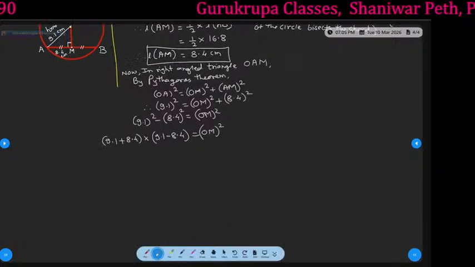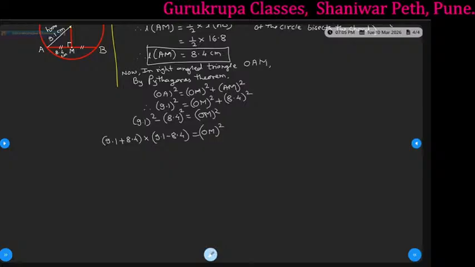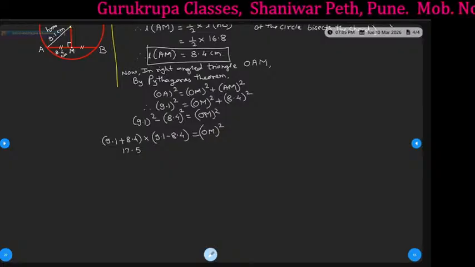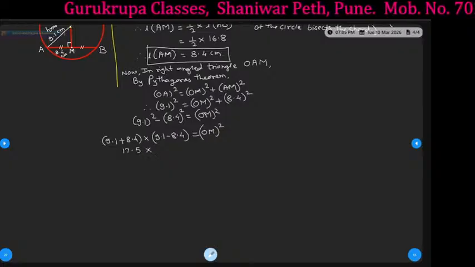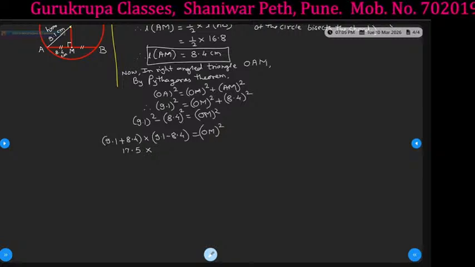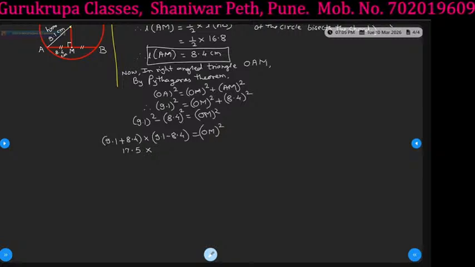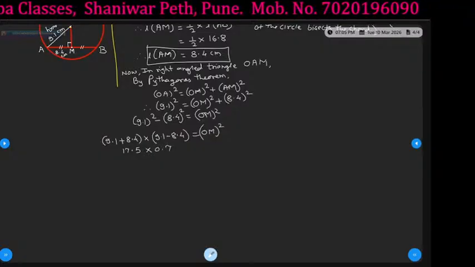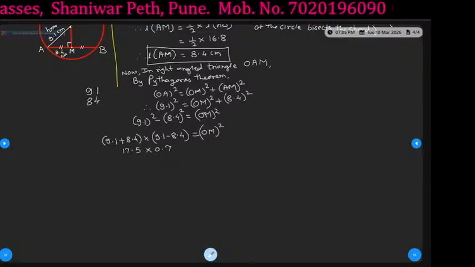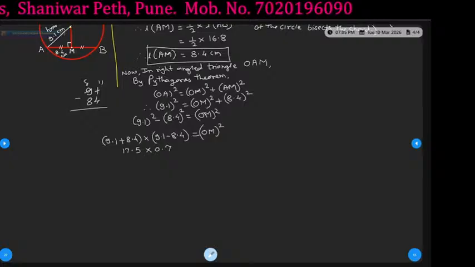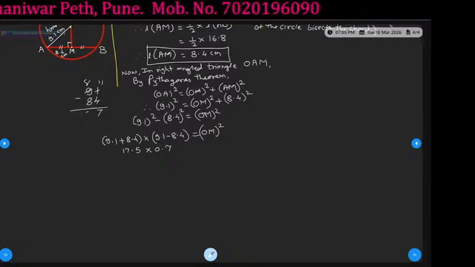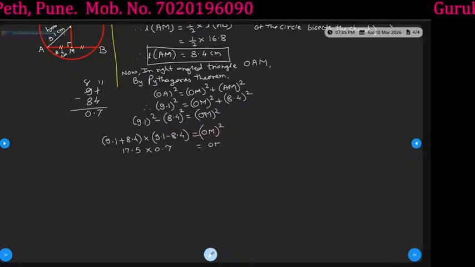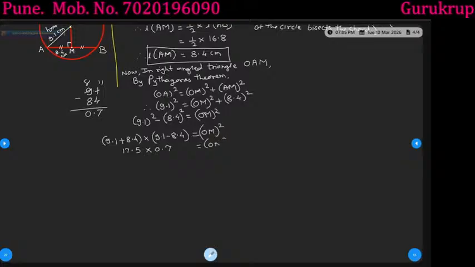So 9.1 plus 8.4 is 17.5, into 9.1 minus 8.4, which is 0.7. 91 minus 84, 11 minus 4 is 7, 8 minus 8 is 0. Point is there, so 0.7 is equal to OM square.